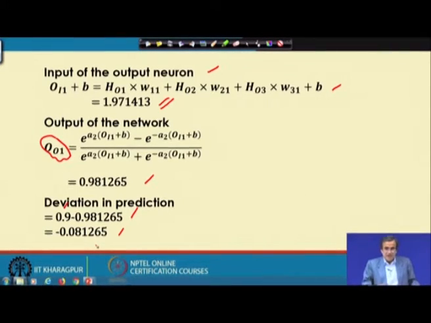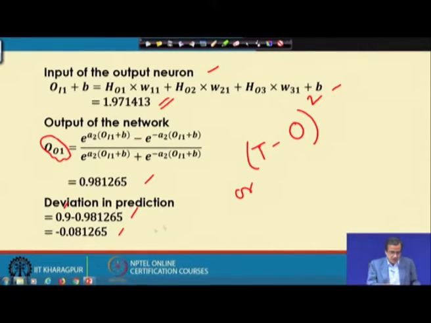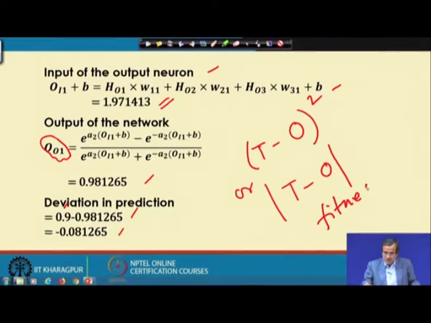So, either I will have to consider the mod value, or find out t minus the calculated output. Either this expression I can use, or the mod value of t minus o, and using this I will have to pass all the training scenarios one after another to find out the fitness of this GA string.